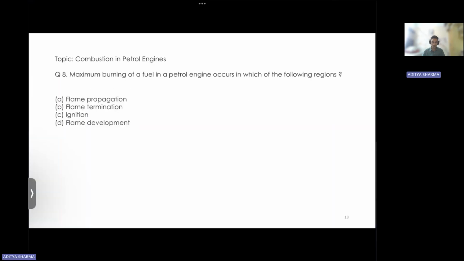So flame propagation region is option number A. So A is the correct option.